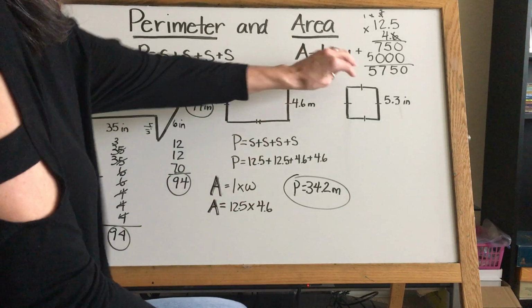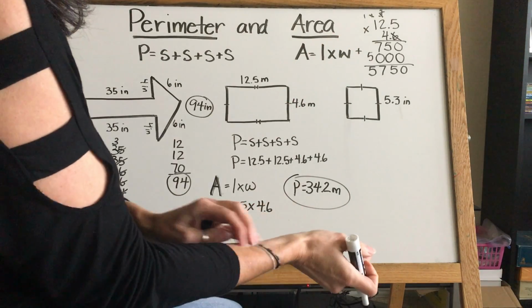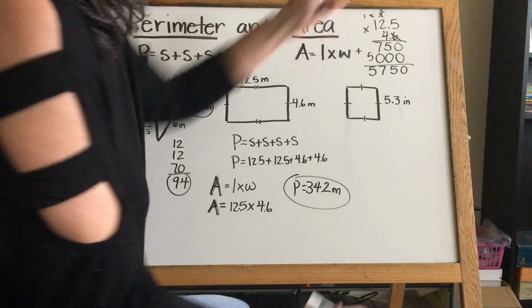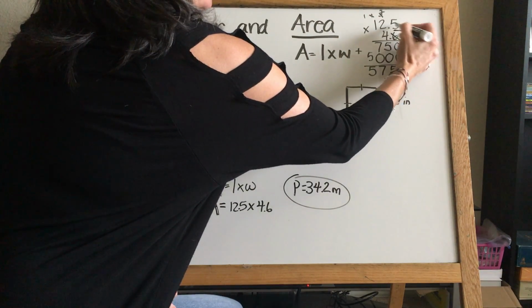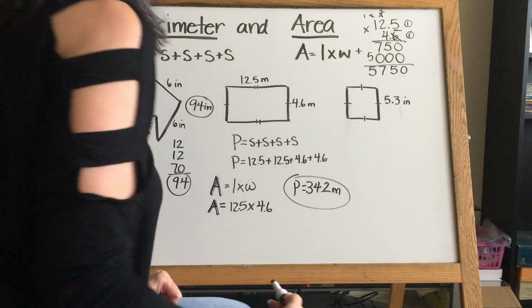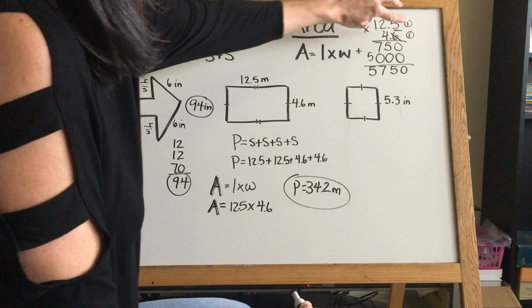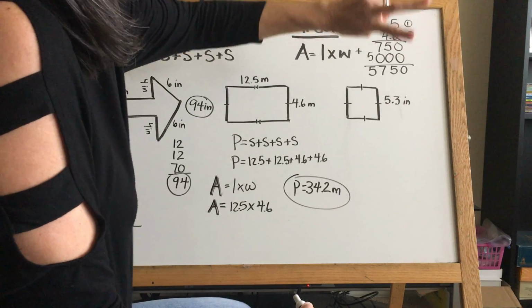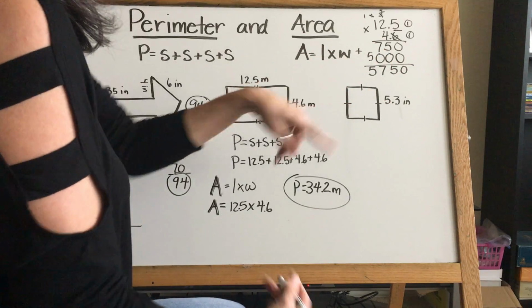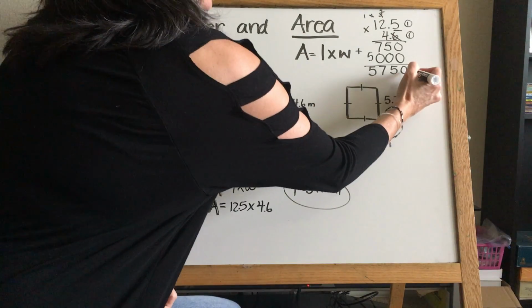Now remember, we just multiplied by decimals. So this is not 5,750 because I have to come up here and see, okay, I've got one number to the right of the decimal in this. I've got one number to the right of the decimal in my second number. So that tells me I'm going to move my decimal back twice, because 1 plus 1 is 2. Where's my decimal right now? It's at the end. So it's right here.